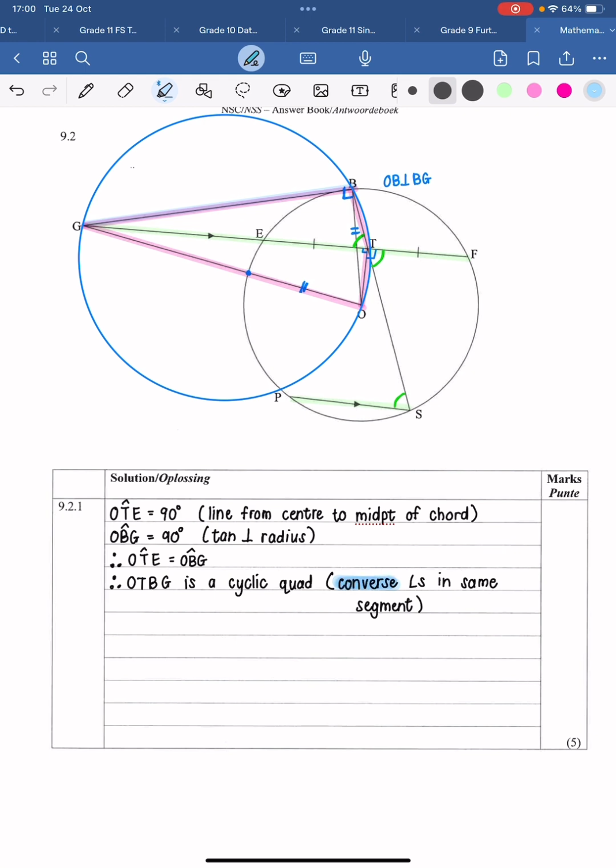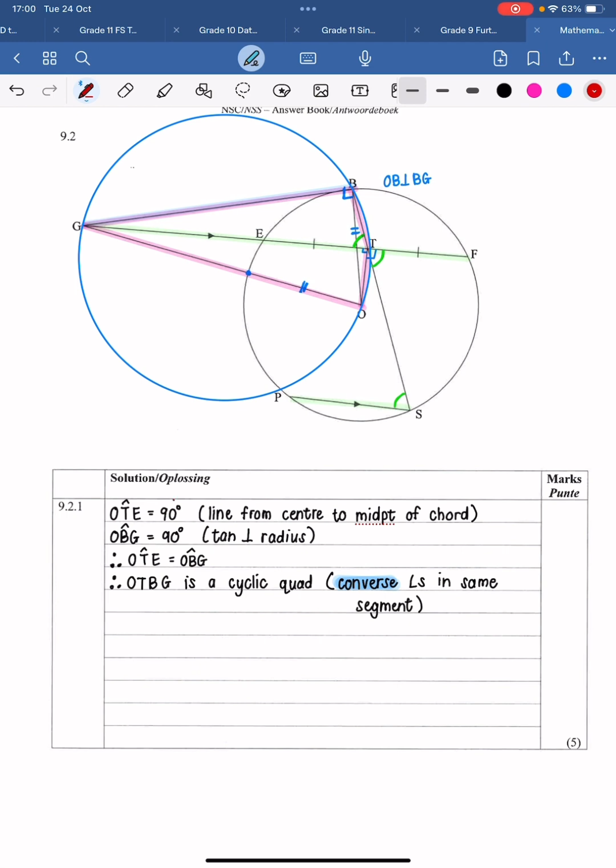All right, so please, please, please, that is one of the reasons that we are super strict when we mark at the end of the year, is that you have the word converse when you are proving that it is a cyclic quad. Right, unfortunately, I don't have time to do the last question now. Let me quickly show you just what these marks were given for. It's 5 marks. Let me quickly get to the memo here, just so you can get an idea.